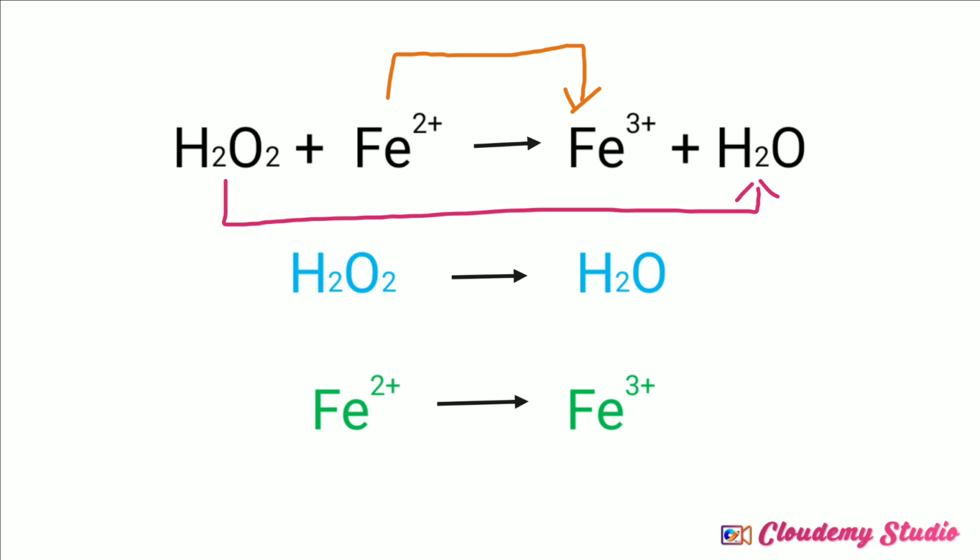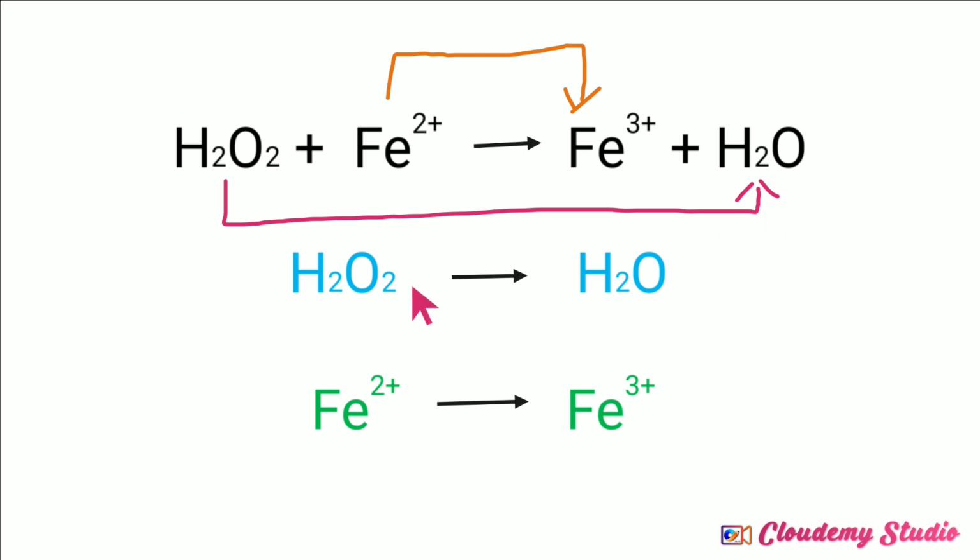I have noted down the changes taking place in the redox reaction. One change is Fe2+ becomes Fe3+. The next change is hydrogen peroxide becomes water.